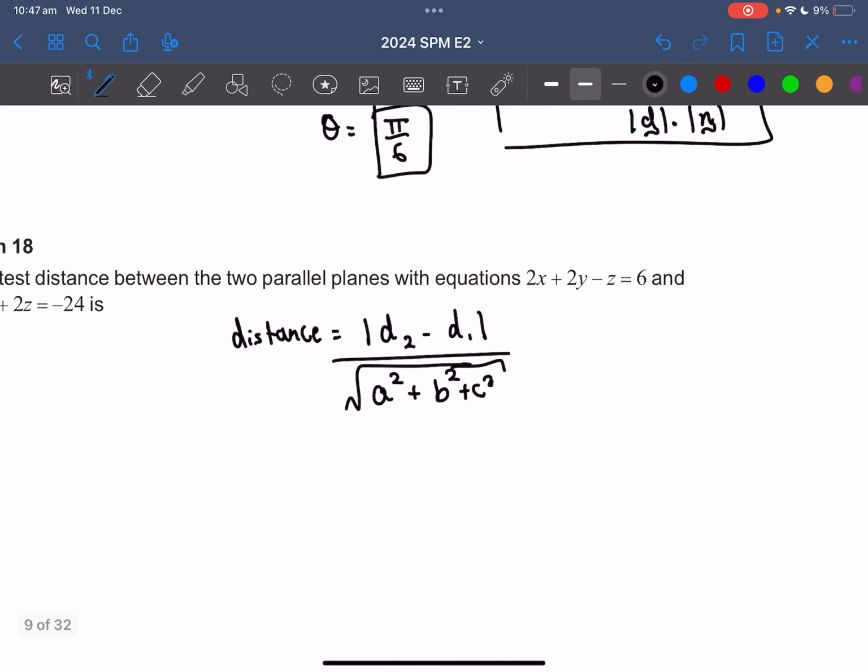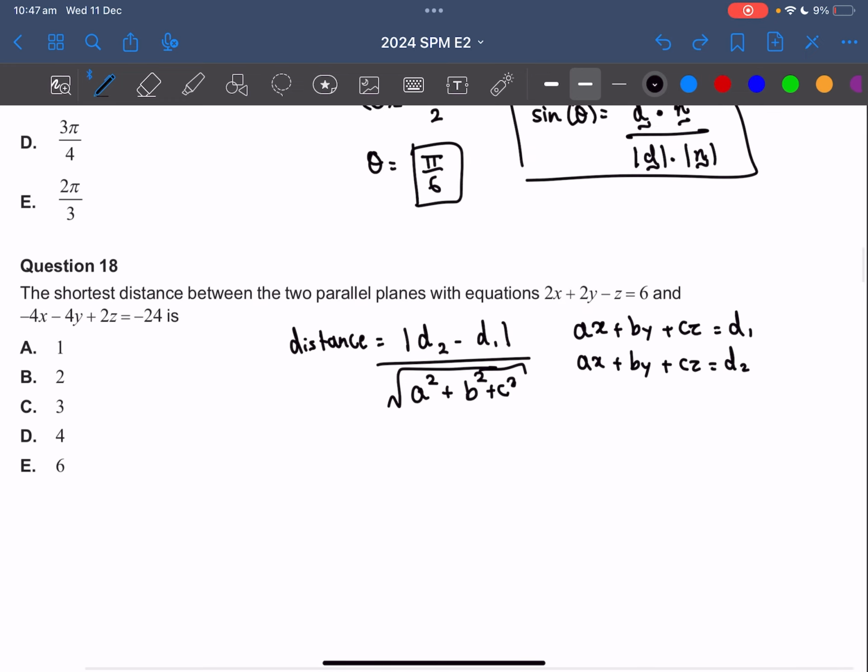So let's say we have ax plus by plus cz equals d1, and ax plus by plus cz equals d2. Because the planes are parallel, these coefficients will be the same.